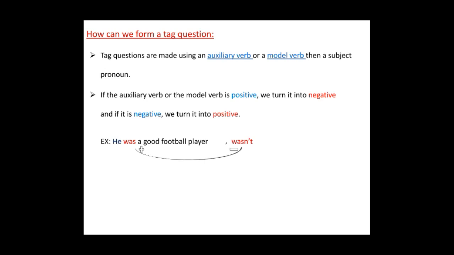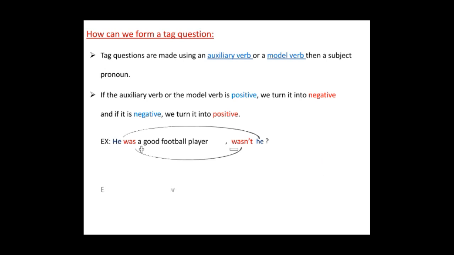Great. And then I need a subject pronoun. Do I have a subject pronoun in the sentence? Yes, I have a subject pronoun. Who can tell me what is the subject pronoun here? It's he. Great, great. What's missing? Who can tell me? I told you before it equals a yes or no question. So something missing here. Brilliant, grade 4. Please tell me. Yeah. What's missing here is the question mark.